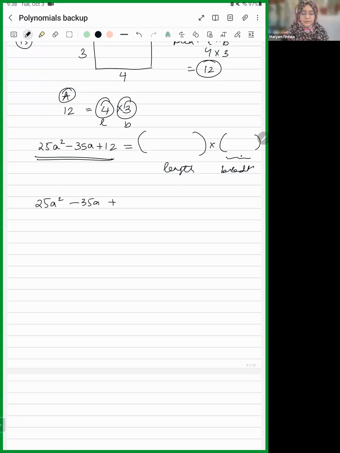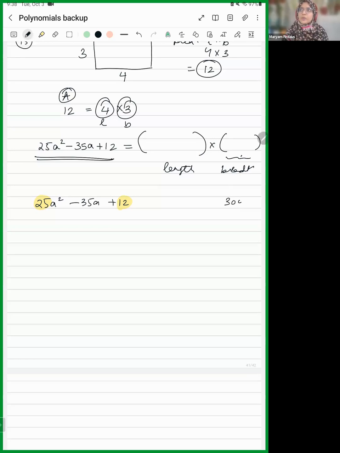For that, we need to multiply this coefficient with the constant term. 25 into 12 is 300.